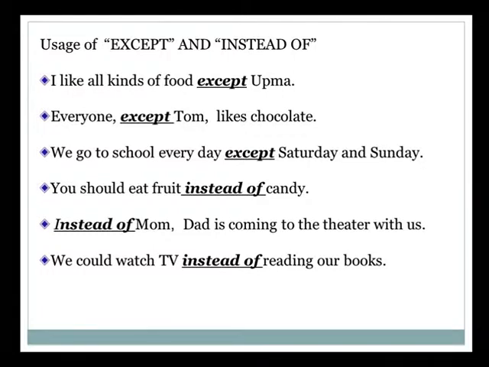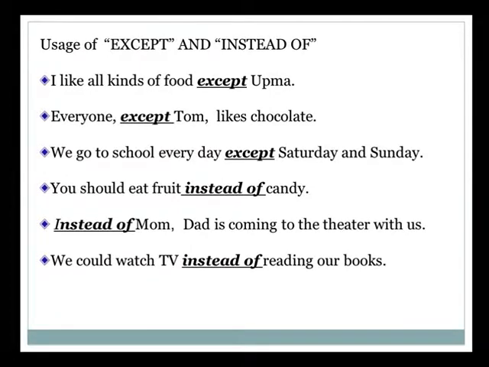You should eat fruit instead of candy. Now could you understand the use of instead of? Instead of is a preposition that is used for at the place of. You should eat fruit instead of candy. That means you should not eat candy and you should eat fruit. Instead of mom, dad is coming to the theater with us. That means mom is not coming along with us.